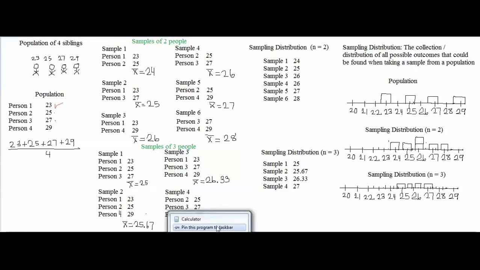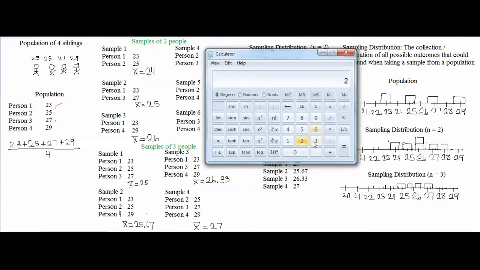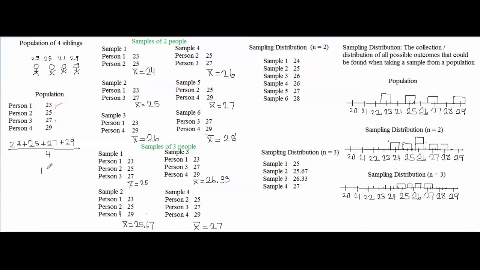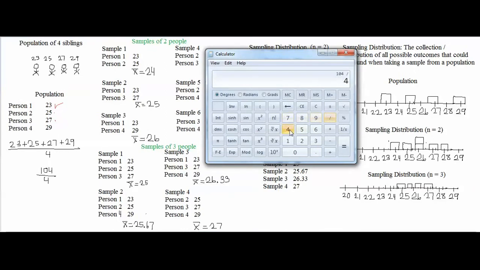Let's add the numbers on top. They equal 104. So it's 104 over 4, which is 26.